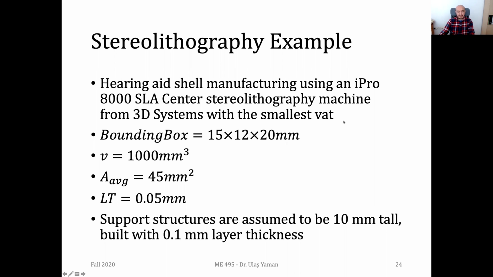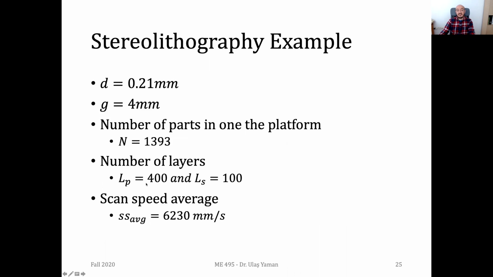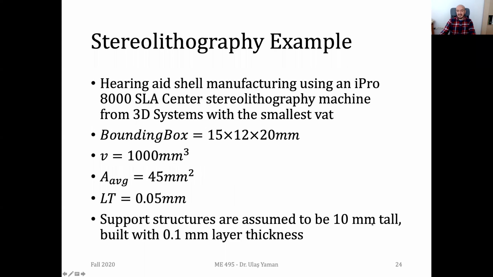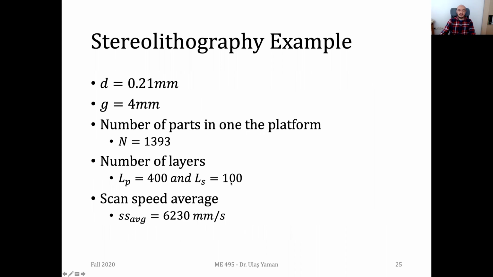If you divide it, we need 400 layers for the part, but we only need 100 layers for the support structure, since the length of the support is 10 millimeters and the layer thickness for the support structure is 100 micrometers.